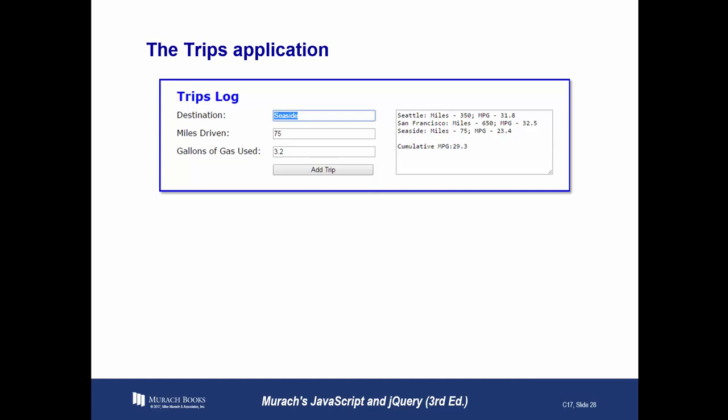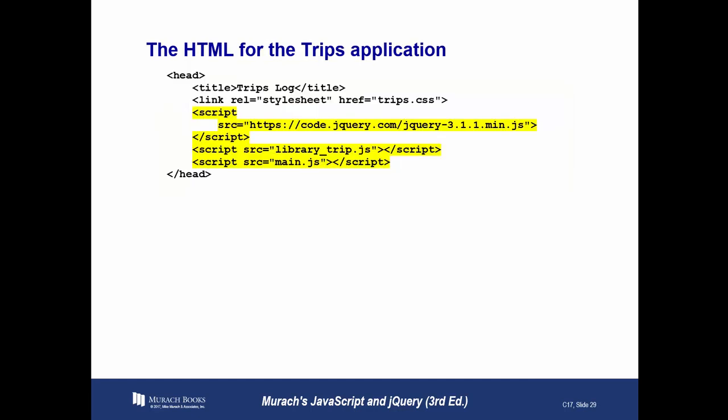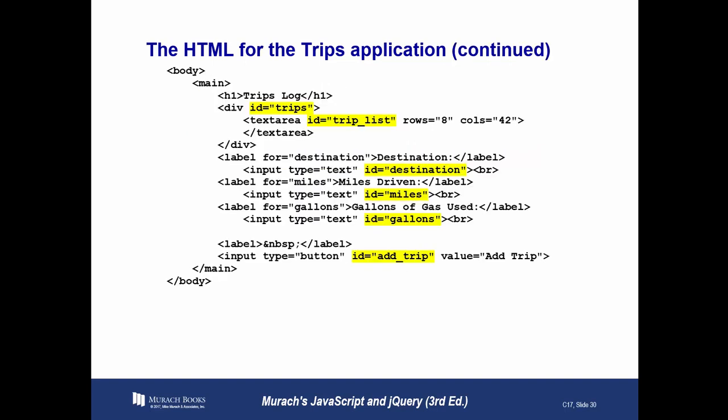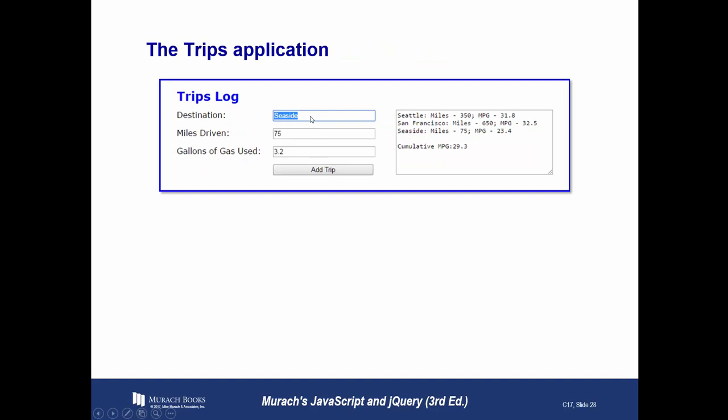Now, like the miles per gallon application, the script elements in the head section use the jQuery library, followed by our custom library, followed by our main JavaScript file. Again, the order must be done in that way. Also, as before, in the main element, we're setting it up with text boxes, just like you saw before.